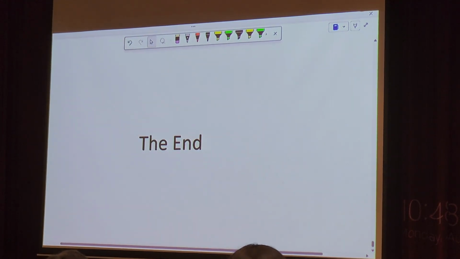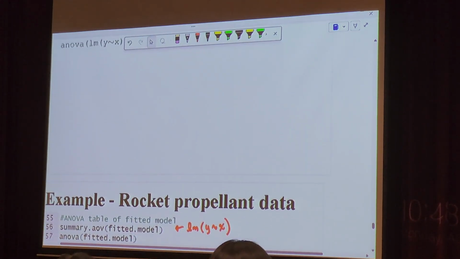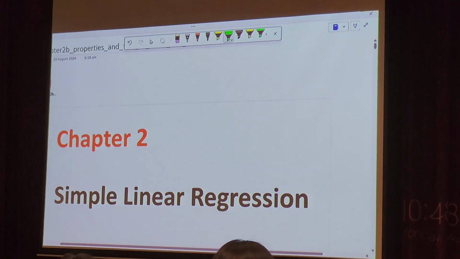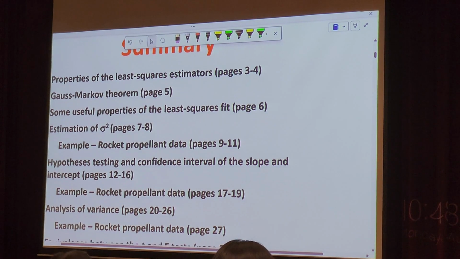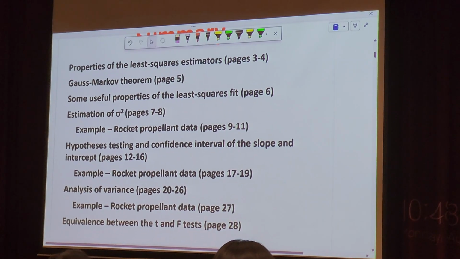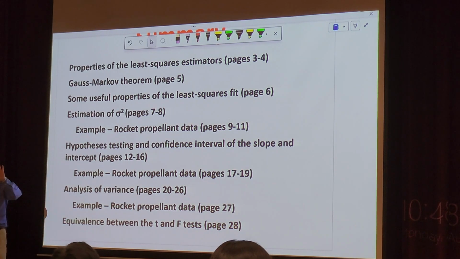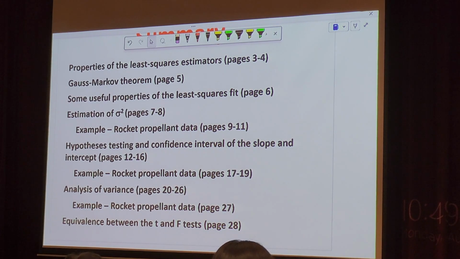So let's go back to the beginning. Today, my main focus is to talk about this analysis of variance, in which we decompose the sum of square of the total variation in Y into two parts. One is the sum of square due to the residue.